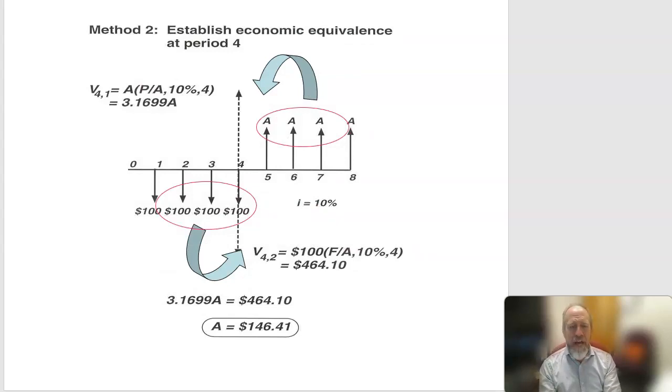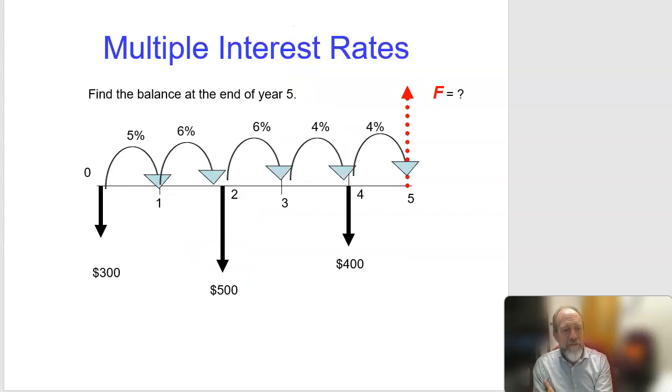It doesn't matter, it's going to give you the same value. You can do it by using the factors and then just solving, in this case, for A, the A being the years 5, 6, 7, and 8. But essentially, it's just looking at an equivalence. Really, not that hard.